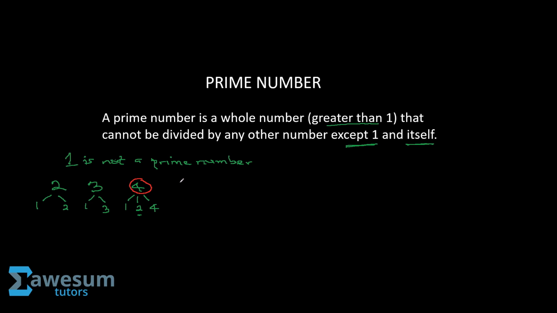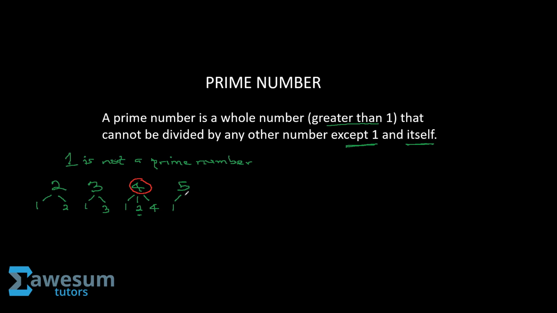What about 5? Would you say 5 is a prime number? Let's take a look. 5 can be divided by 1 without having a remainder. If you try to divide 5 by 2, it's going to have a remainder of 1. If you divide 5 by 3, it's going to have a remainder of 2, right?